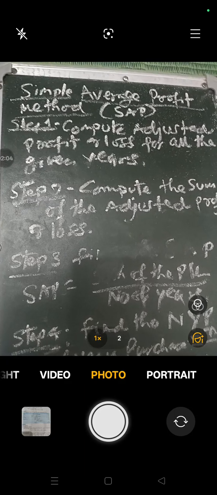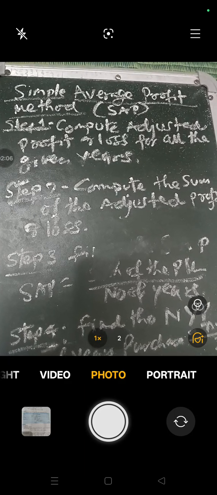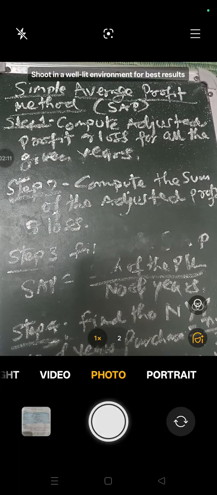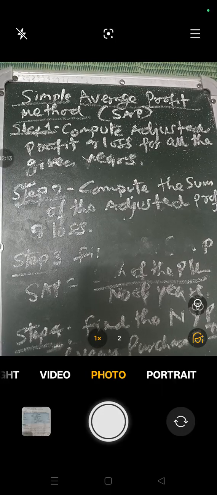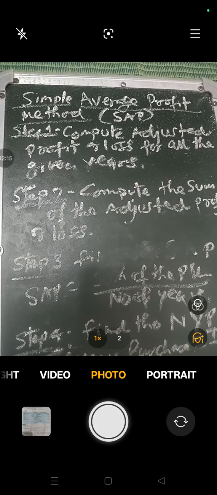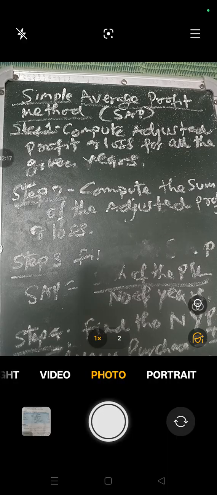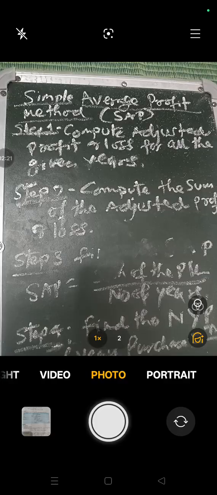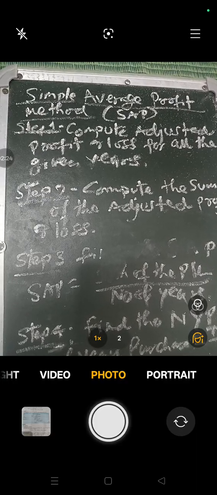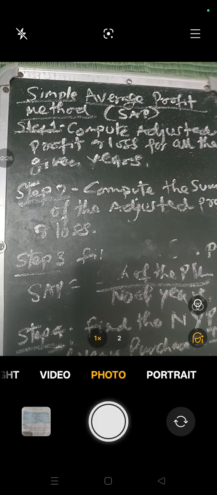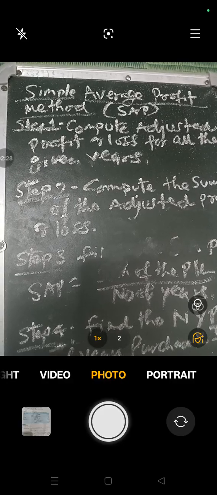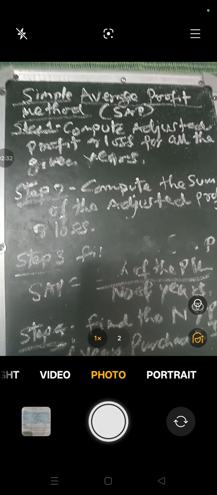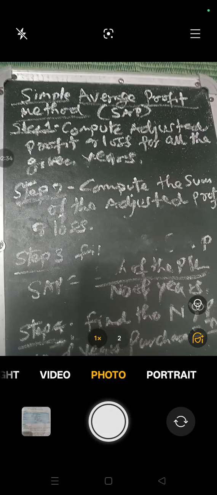In a separate video we will learn how to compute adjusted profit or loss, but here in short I am going to tell you the process. The step is: profit for the given years, add non-operating expenses and losses already deducted. Why are non-operating expenses or losses added?